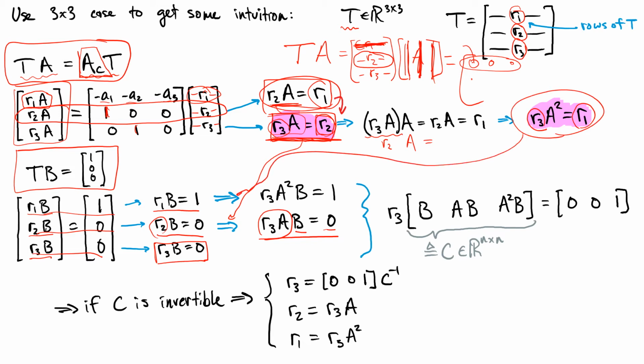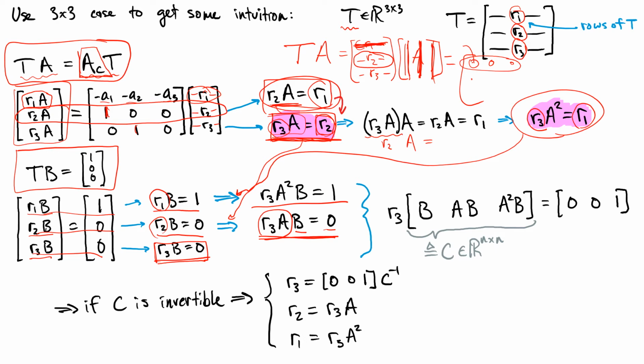I put that in here to translate R1 times B to R3A squared times B is equal to 1. So now we have three constraints on row 3. And this kind of makes sense because R3 is going to have 3 elements in it. So we have 3 unknowns. We need 3 different equations.